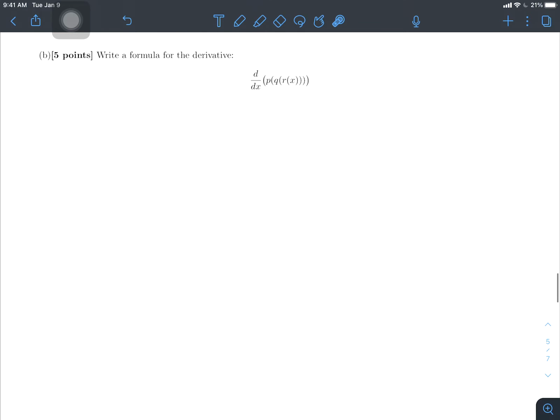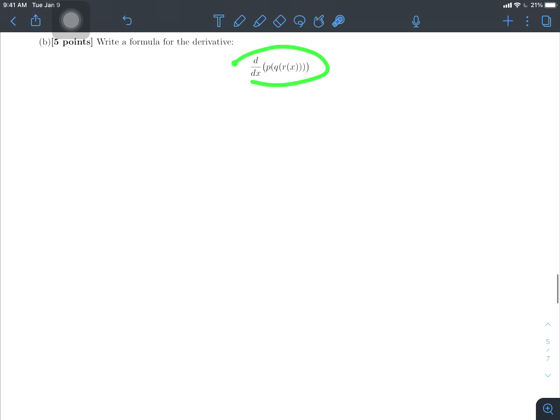Okay, so next up, we're supposed to write a formula for the derivative of a double chain rule. Okay, so this is the exhibit problem where we got a chain rule and no chain rule. So the way we want to do this is just like how we would do any other chain rule.